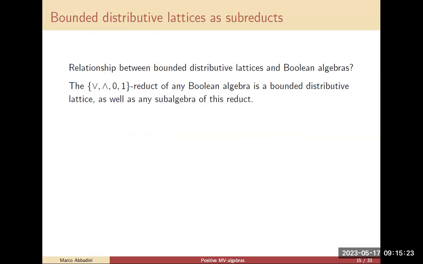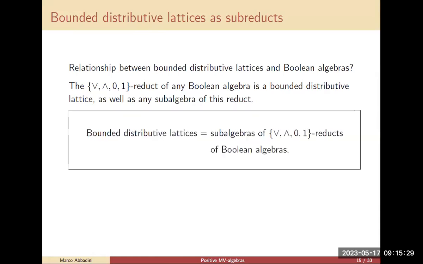Also, any subalgebra of this reduct is a bounded distributive lattice. And in fact, bounded distributive lattices are precisely the subalgebras of reducts of Boolean algebras with respect to this signature. So they're subreducts with respect to join, meet, 0 and 1.